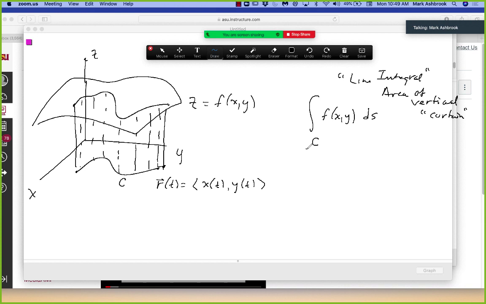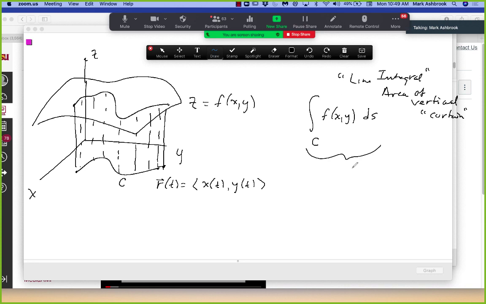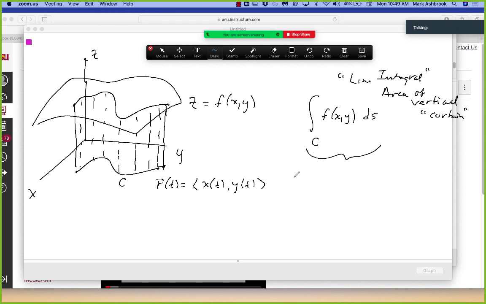And how did we solve it? What did we do to solve the line integral? What was the process of being able to solve this? You needed to find parametric equations. All right, so we have our vector function r of t.